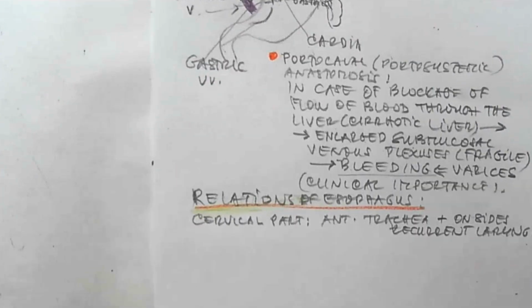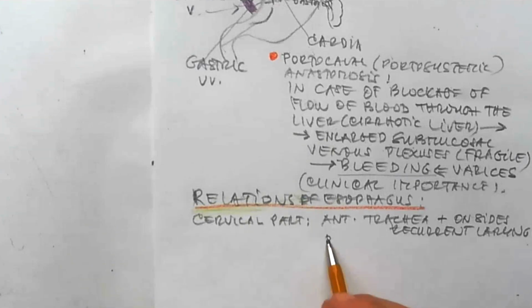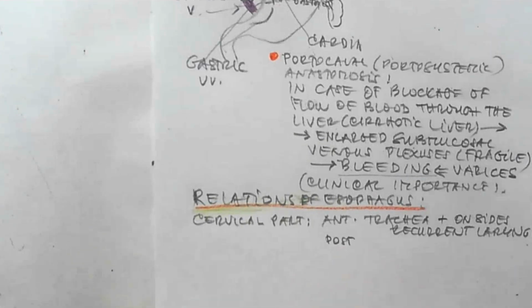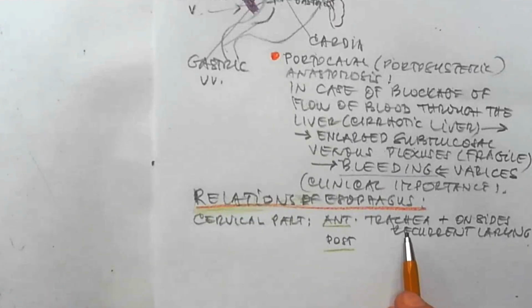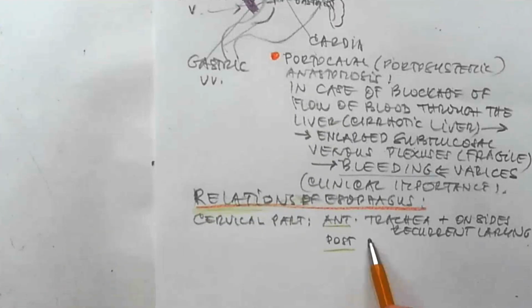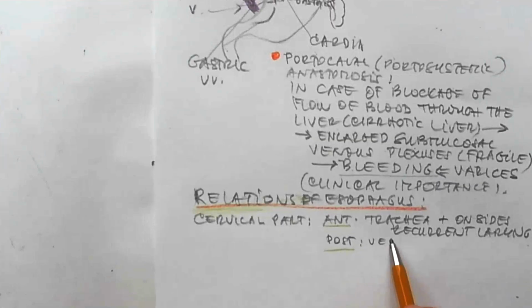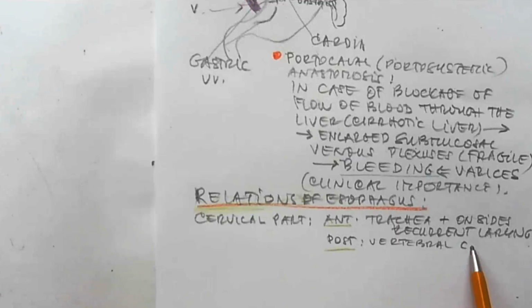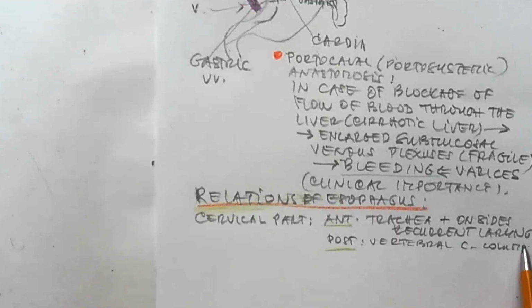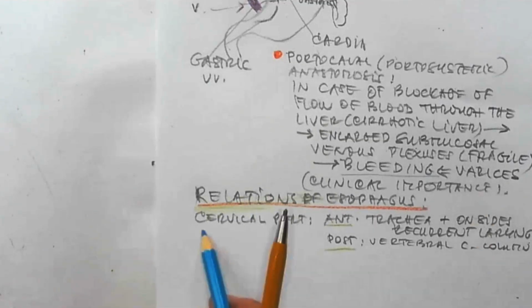This is what we said a million times. Then posteriorly, we would underline by yellow, posteriorly must be considered the vertebral column, because it's in close proximity to the cervical vertebral column. Yes, cervical part, correct.